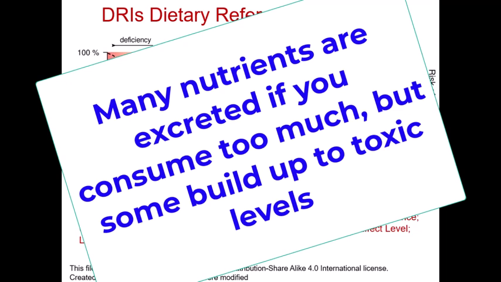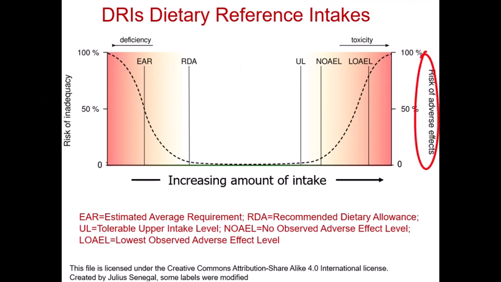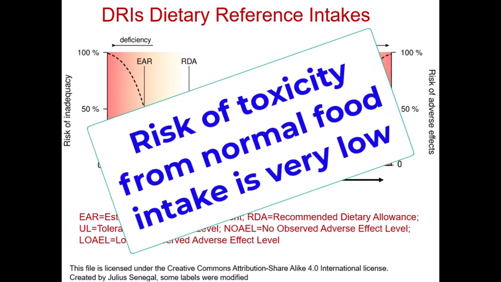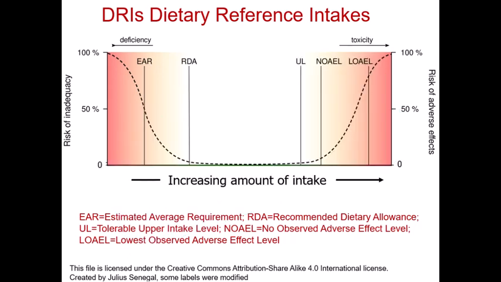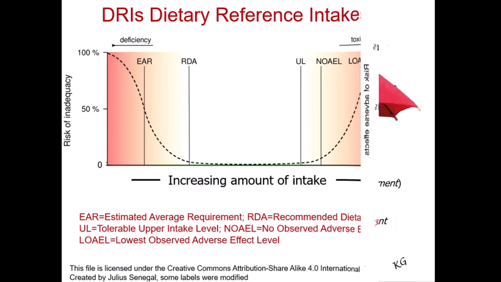However, some nutrients, such as iron and vitamins A and D, can reach toxic levels, and that's where the ULs are needed. From normal food intake, it's extremely unlikely to reach those levels. However, people that take supplements and consume a lot of fortified foods can more easily reach those toxic levels.